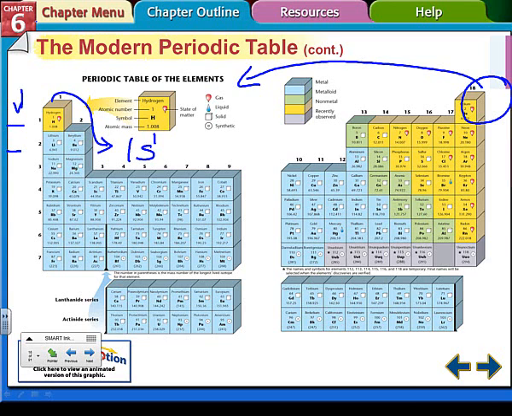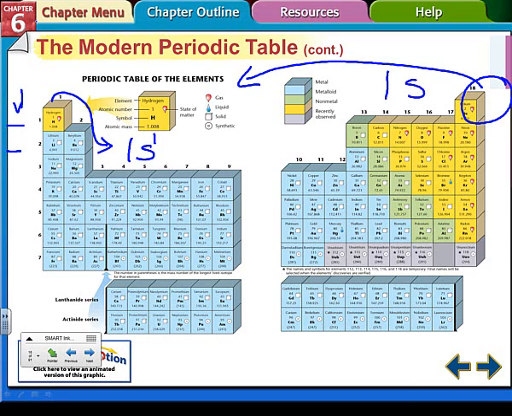So helium has 2 electrons because it's atomic number 2. The first electron gets filled in the 1s1 room, and the second electron gets filled in the 1s2 room. So helium's electron configuration is 1s2.